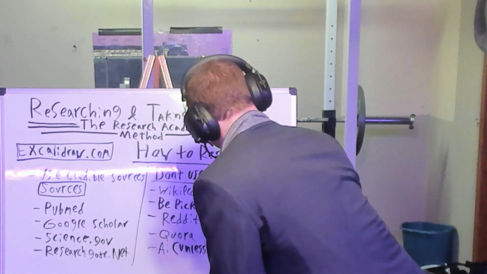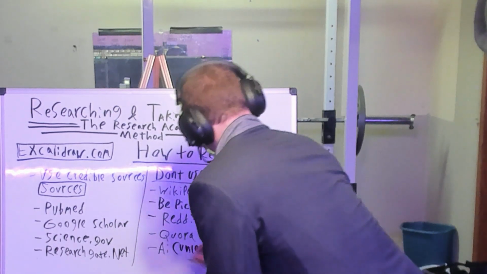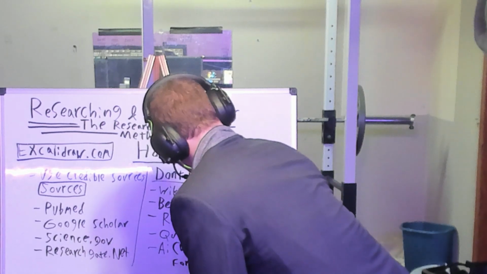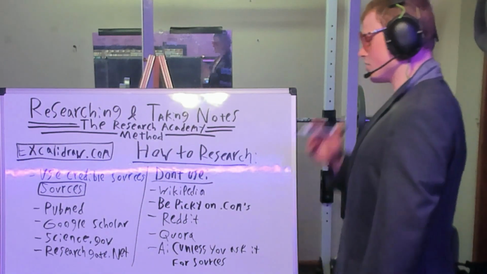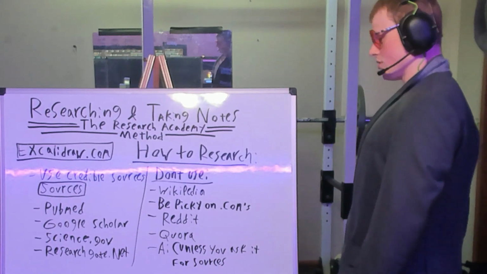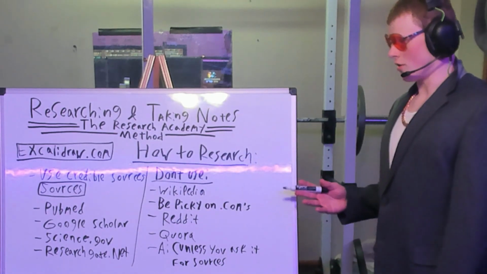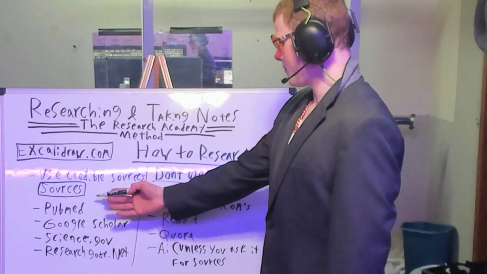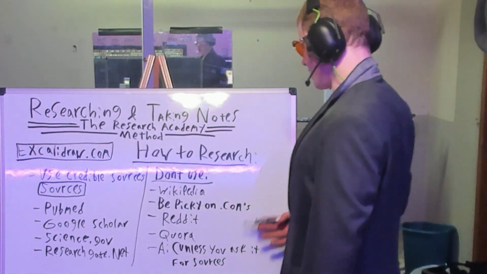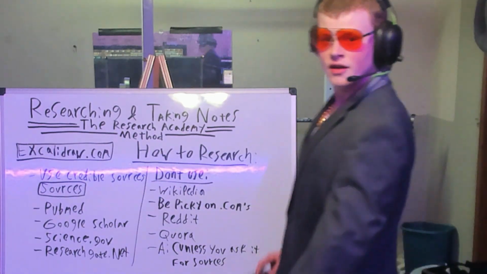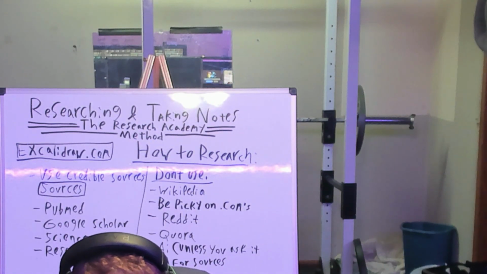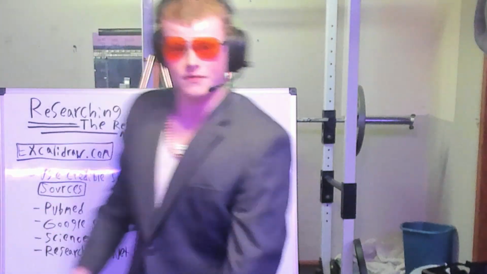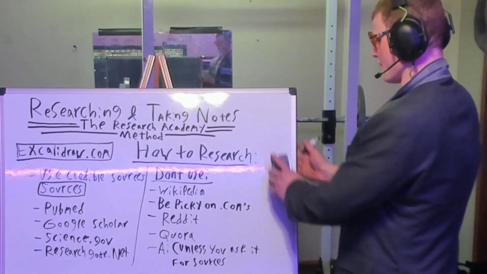Unless you ask it for sources, and you link those sources in your notes. So we have the credible sources and what not to use now. Now we need to know, how do we take our notes in the first place after we've gone to these websites and gathered information.